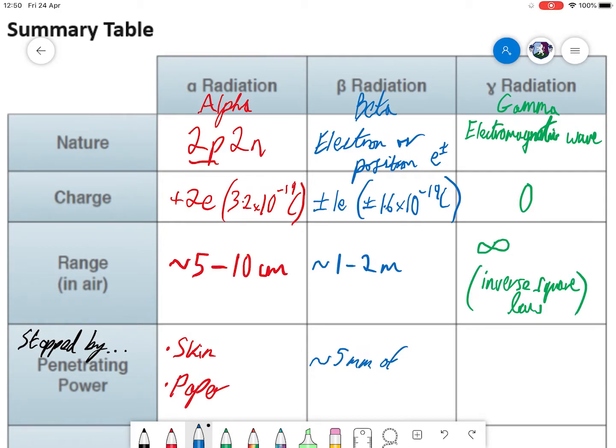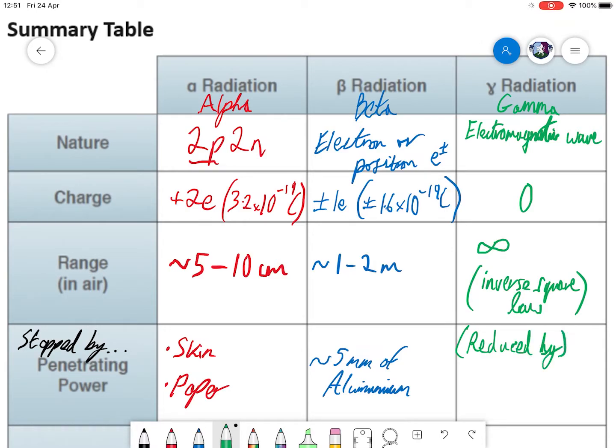Now, approximately 5 millimeters of aluminium will prevent beta particles. That means anything thinner will allow a small amount to pass through, which is relevant. For gamma, again, not the easiest one to deal with because it has such a high penetrating power.